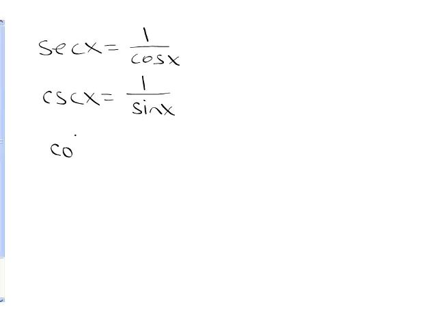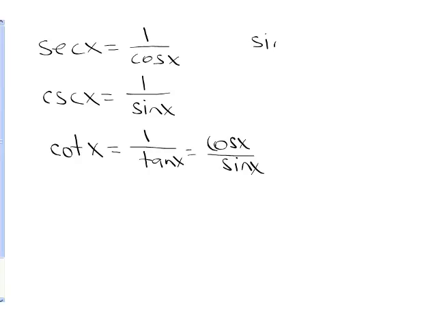So secant x is 1 over cosine x, which we just did. Cosecant x is equal to 1 over sine x. Cotangent x is equal to 1 over tangent x, which is equal to cosine x over sine x. Is this good? Is this what you're talking about?